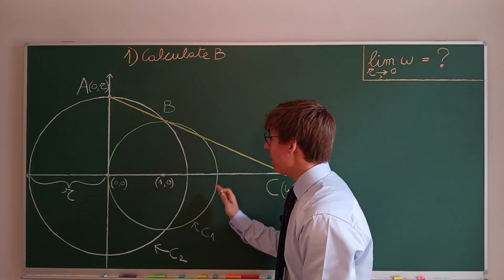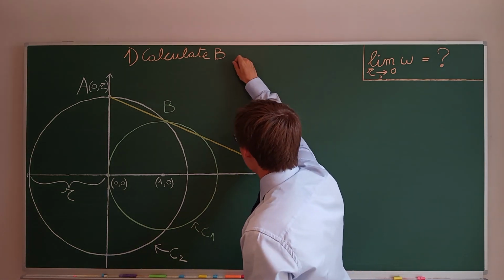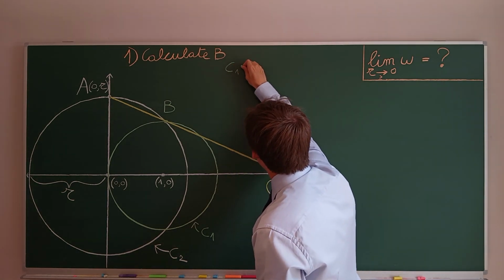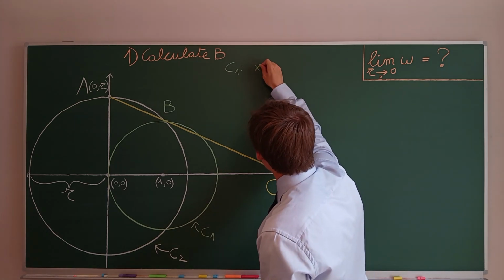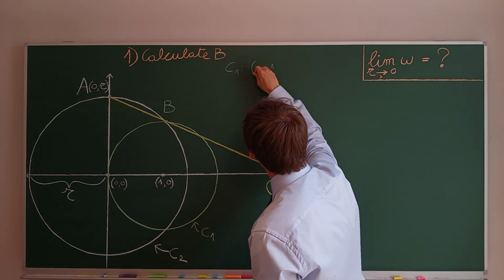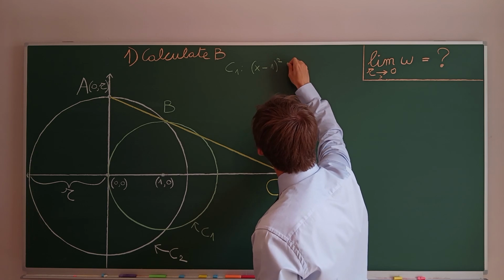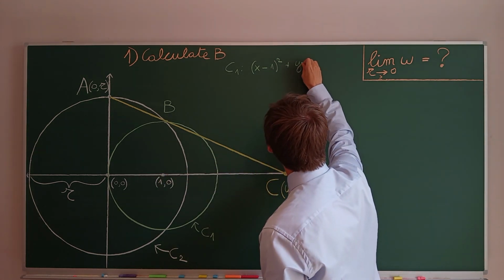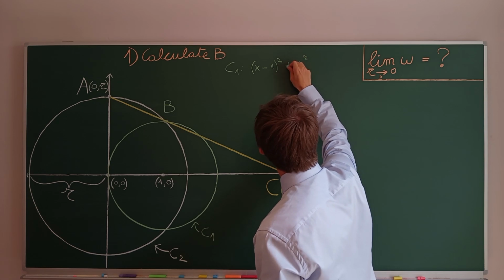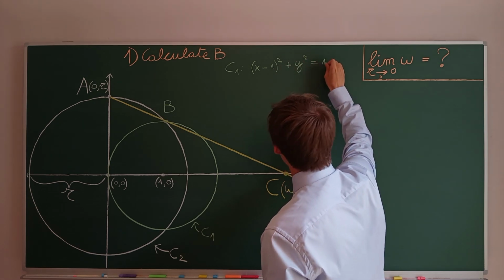The equation of the green circle, C1, will be (x minus 1) squared plus y squared equals 1.